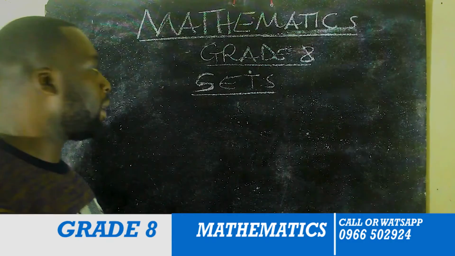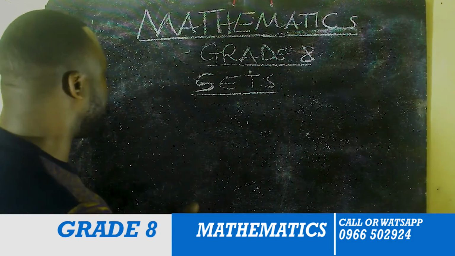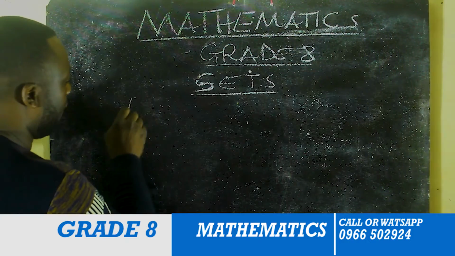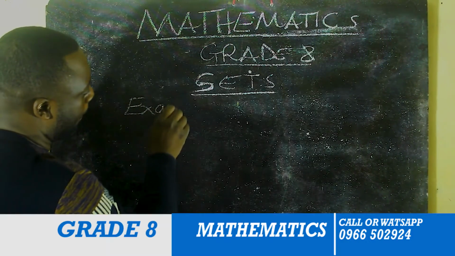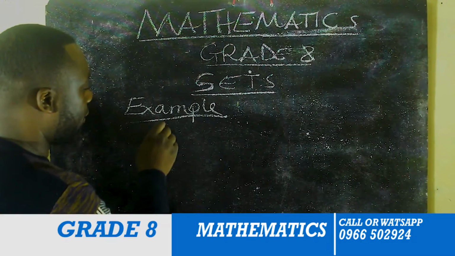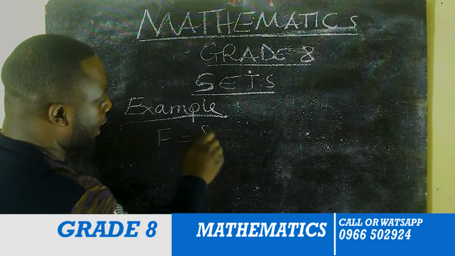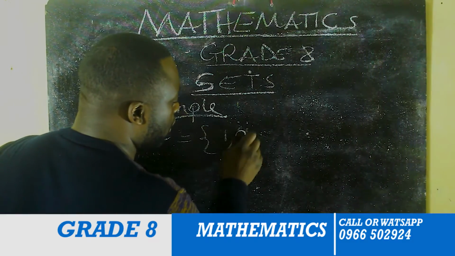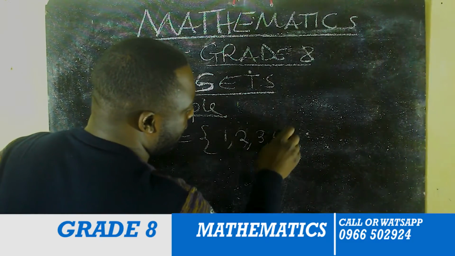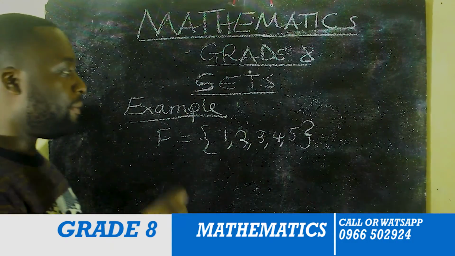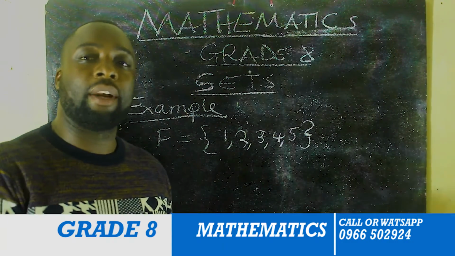Now, how do we represent a set in set builder notation? Let me give you an example. We have the first 5 natural numbers: 1, 2, 3, 4, 5. So we have a set of the first 5 natural numbers.